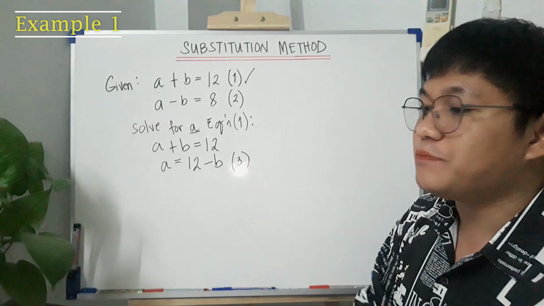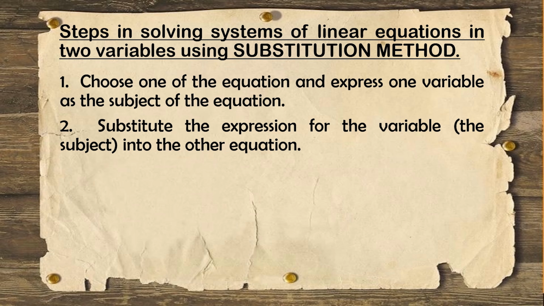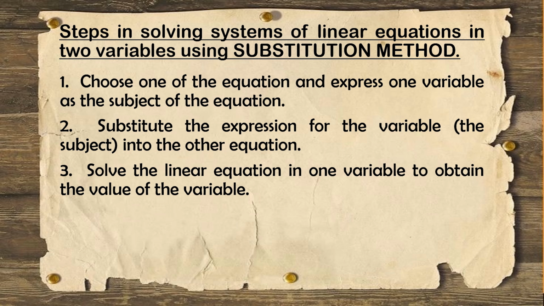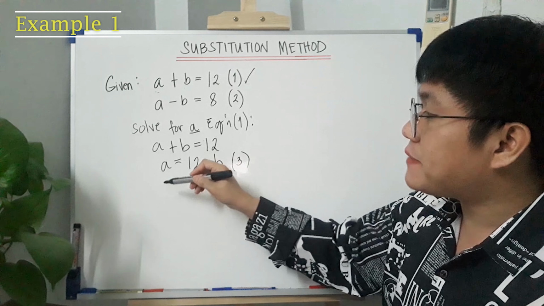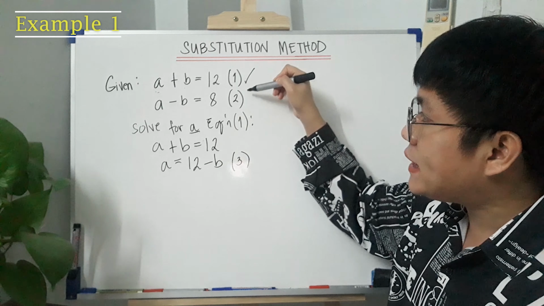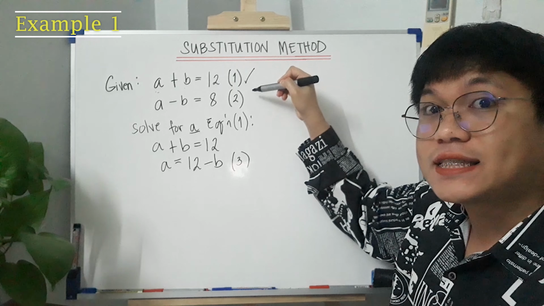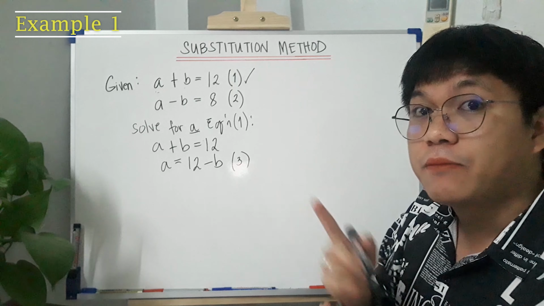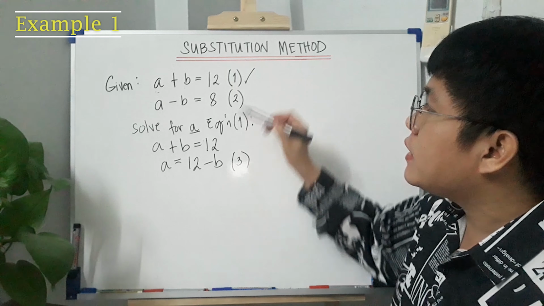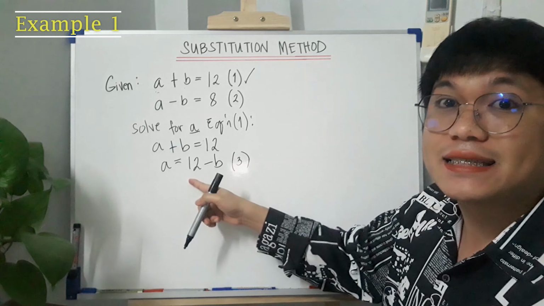Now, second step: substitute the expression for the variable, the subject, into the other equation. Okay, what does it mean? Since we already have the value of our A, we will substitute A into the equation we didn't choose in our first step. Since we chose equation 1 in our step number 1, we will choose now equation number 2 in our second step.